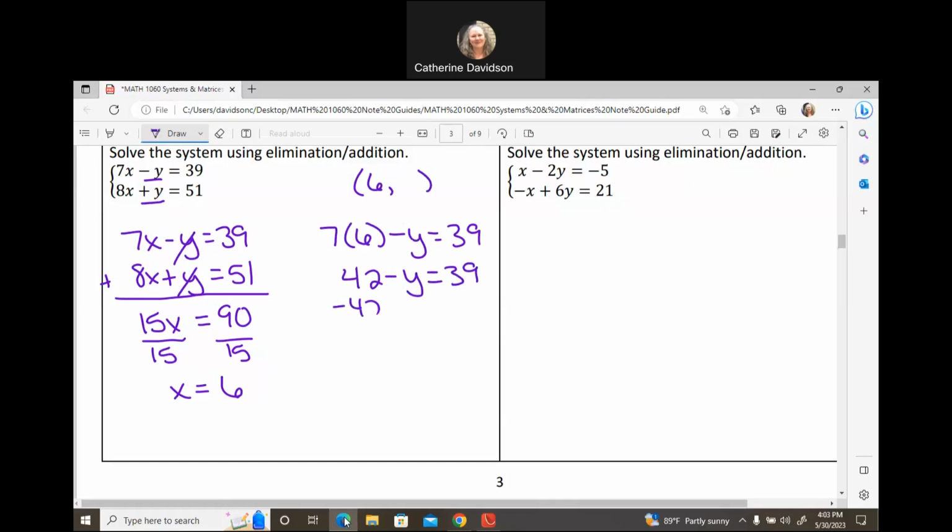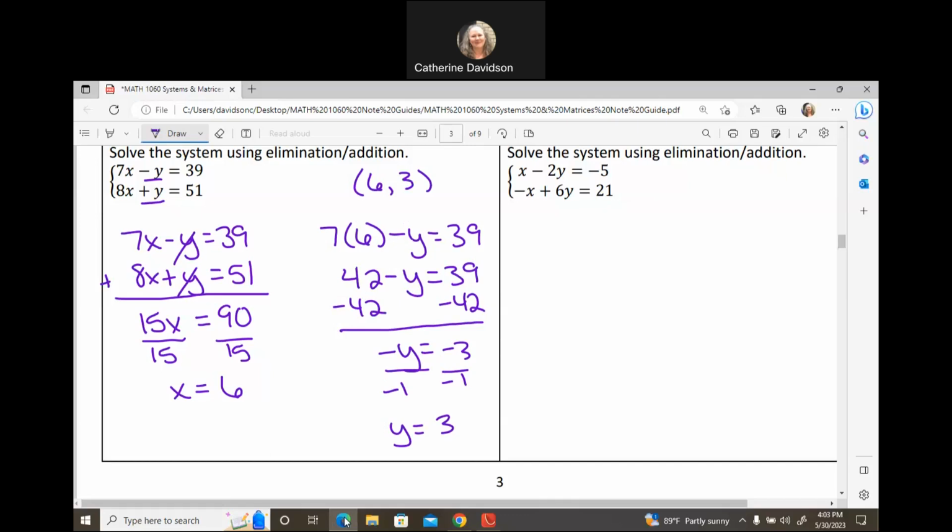So subtract 42 from both sides. So I bring down the negative y, and 39 minus 42, I believe, is negative 3. I'm going to divide out negative 1 so we can make y positive. So y should give me a positive 3.